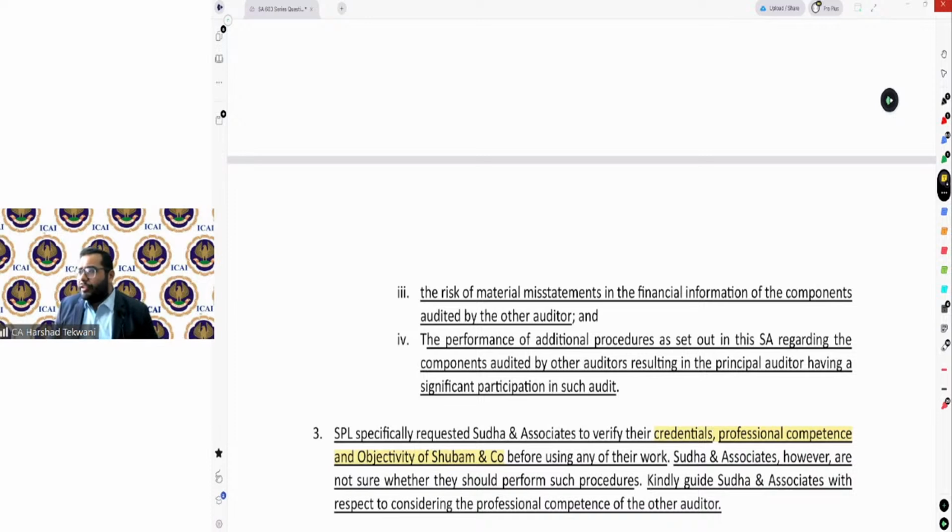Basically, competency relates to the nature and the level of expertise or level of knowledge that person is having with respect to the subject matter.